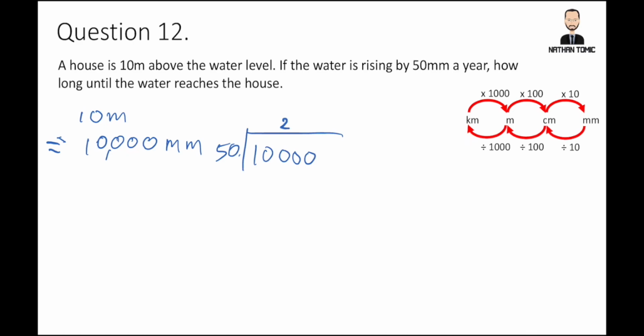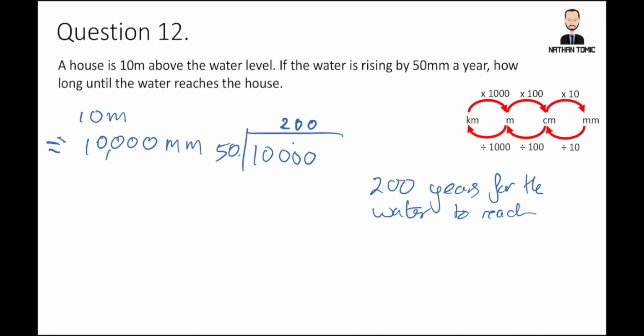And we're basically going to put a 1, and so there's nothing left, so we're going to keep putting zeros in there, so we end up with 200. That's what we're saying here is going to be 200 years for the water to reach the house.